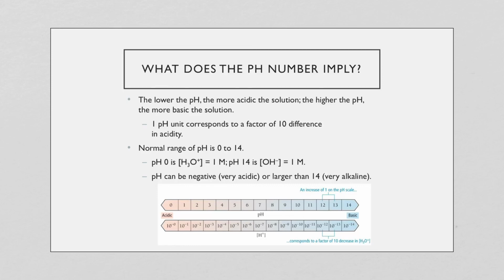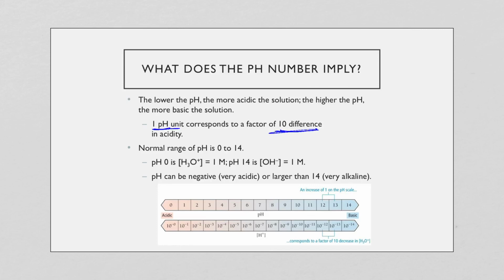Now, what we need to really understand, now that we've introduced this log idea, is that because it's a log scale, 1 pH unit, right, corresponds to a 10 times factor, right? And so a small pH change can be a meaningful change in concentration, right?